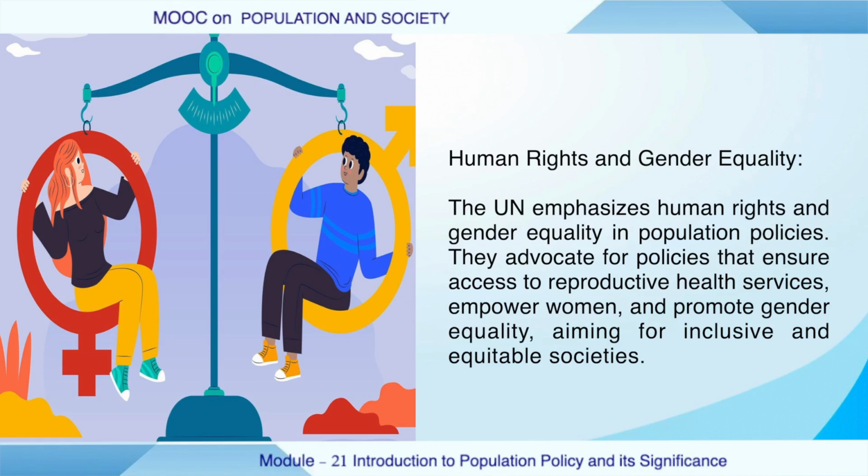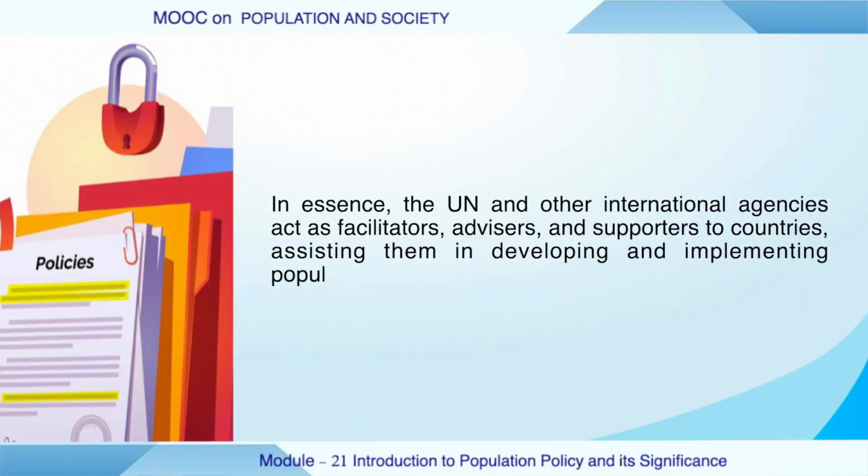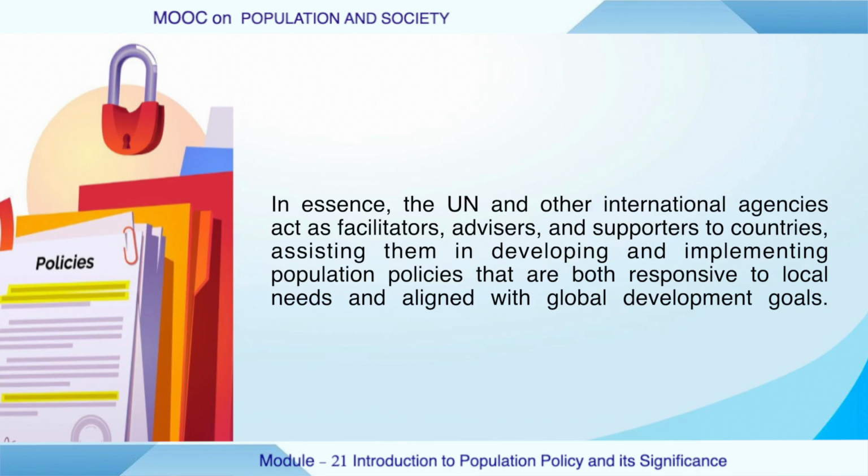They advocate policies that ensure access to reproductive health services, empower women, and promote gender equality, aiming for inclusive and equitable societies. In essence, the United Nations and other international agencies act as facilitators, advisors, and supporters to countries, assisting them in developing and implementing population policies that are both responsive to local needs and aligned with global development goals.